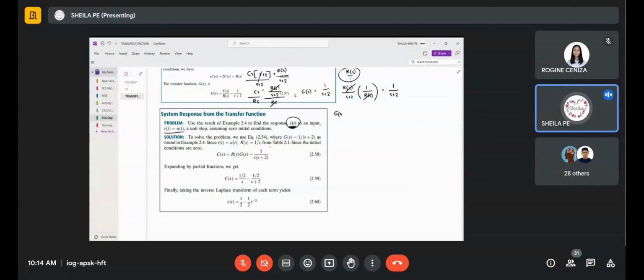Since we are given G of S equals C of S over R of S, we need to find C of S. So, basically, C of S is just equal to G of S times R of S. The inverse Laplace of that gives C of t as the product of G of t and R of t.